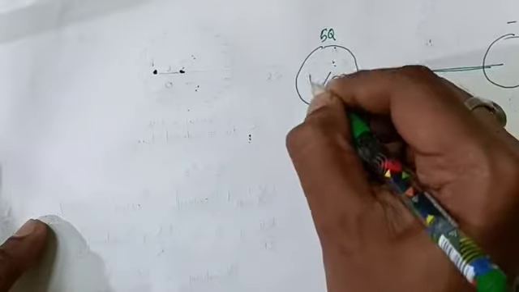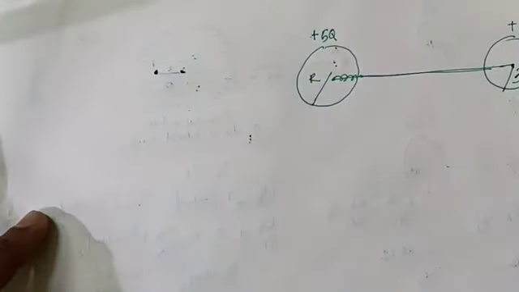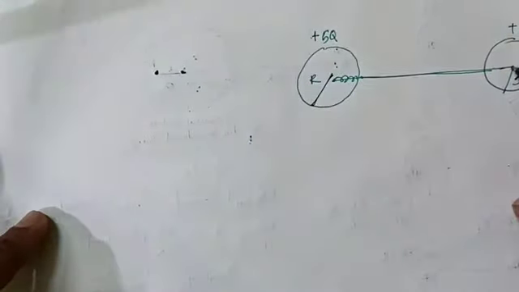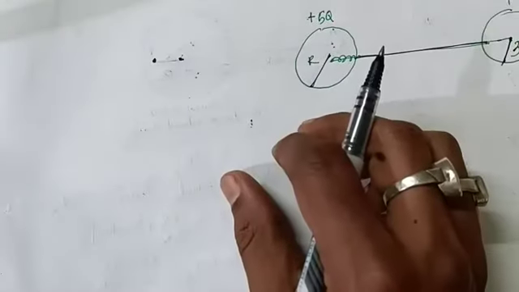Here the radius is r and here the radius is 3r. I simply connected these two conductors.